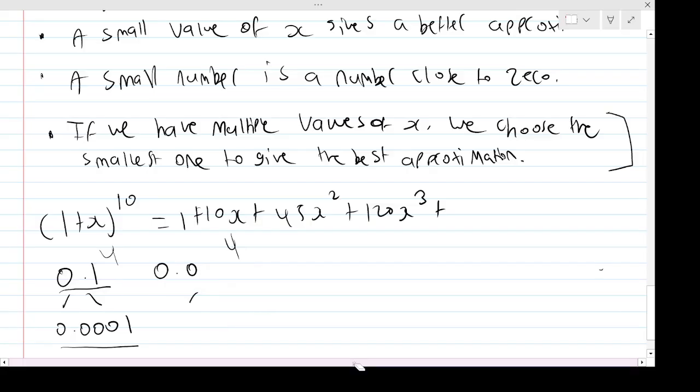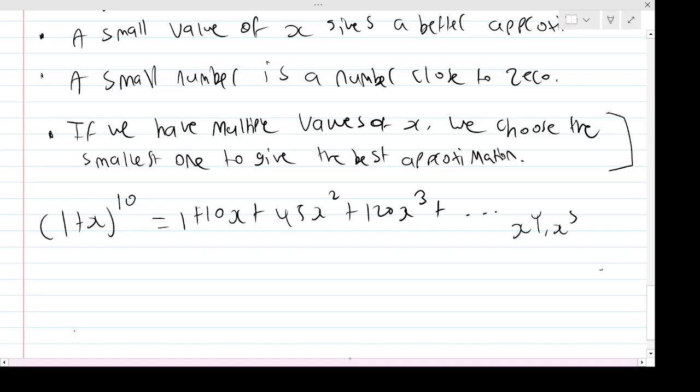Anyway, and also talking about this approximation, if we have small values of x, as we've seen, and were to continue this expansion on, as I said, we would get powers of 4, powers of 5, and so on to powers of 10. Now, when x is small, as we've just seen, the high powers would basically go to 0, right?